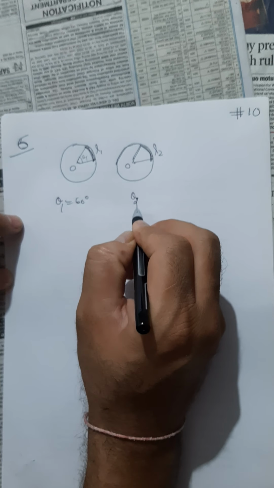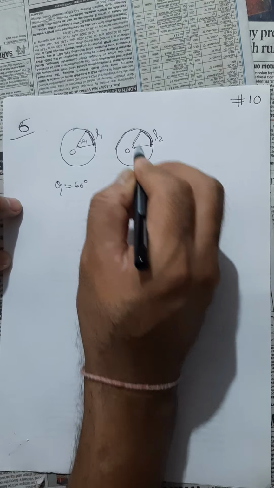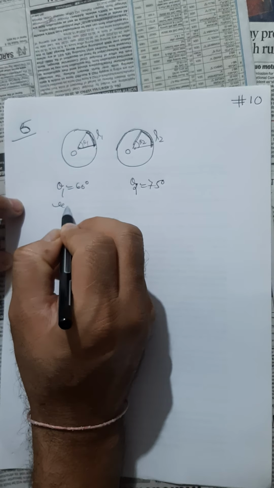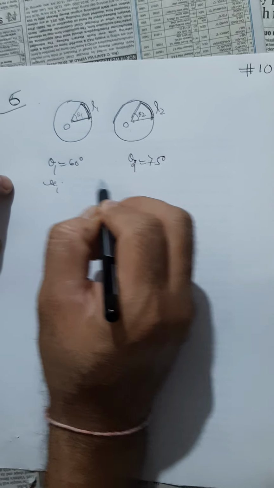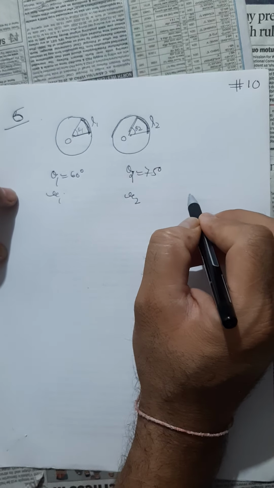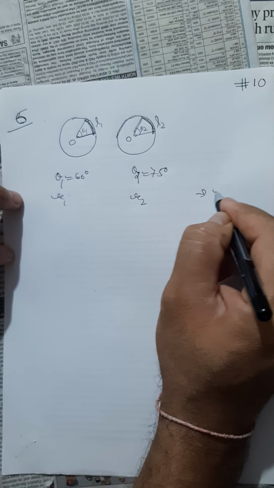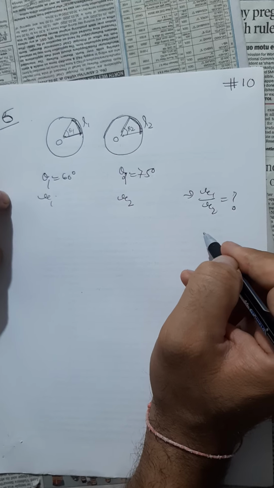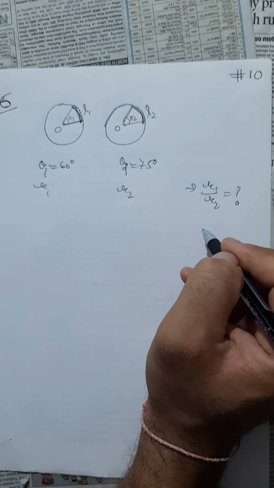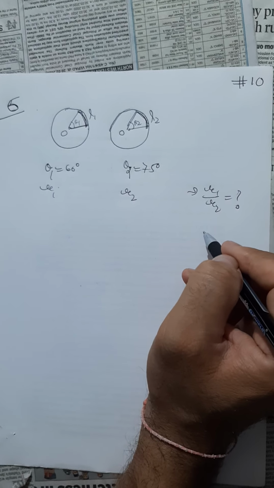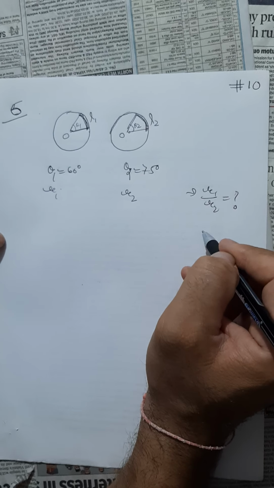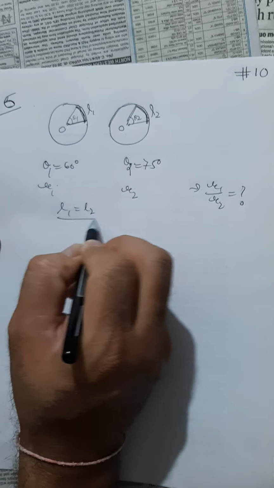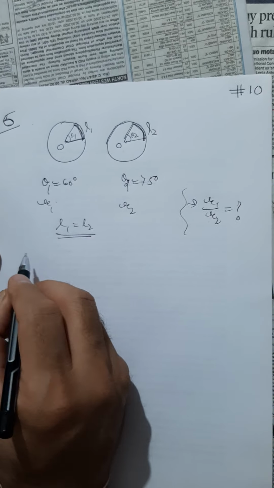Here theta 2 is given as 75 degrees. Radius R1, radius R2. The question is to find the ratio of the radii, R1 by R2. And in the question you are also given that the arc lengths are the same, so L1 equals L2.